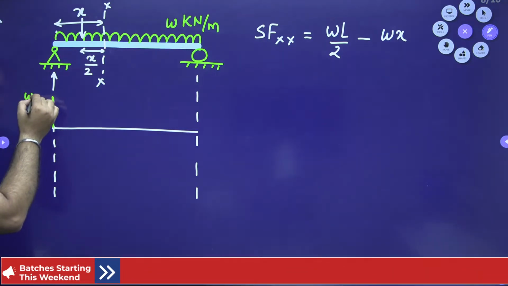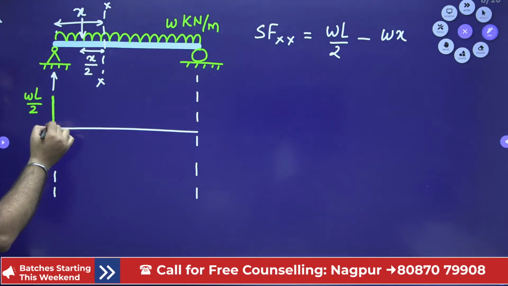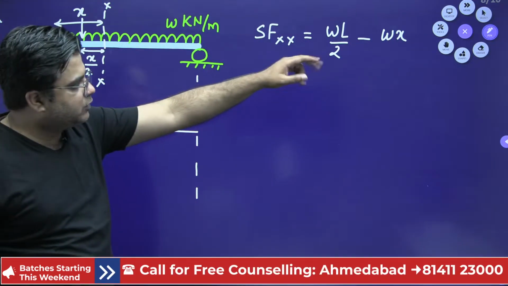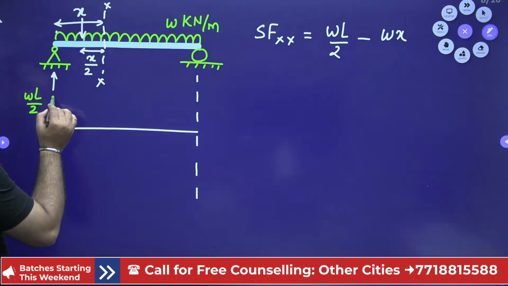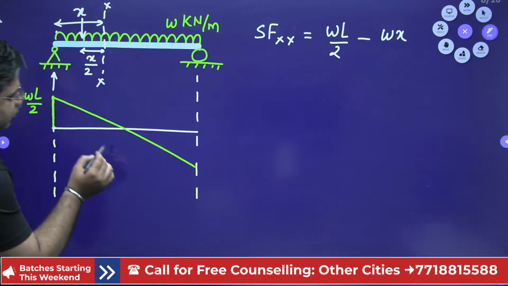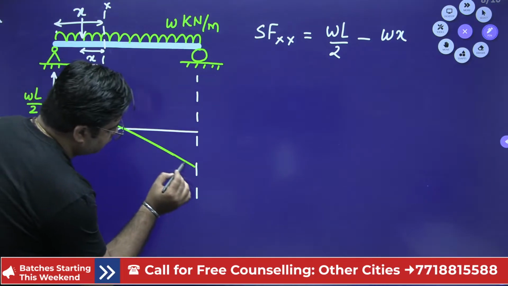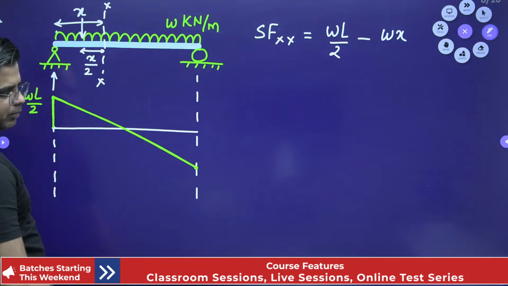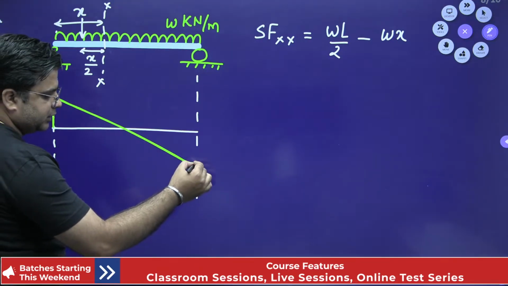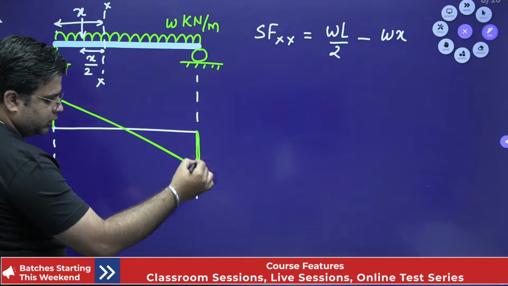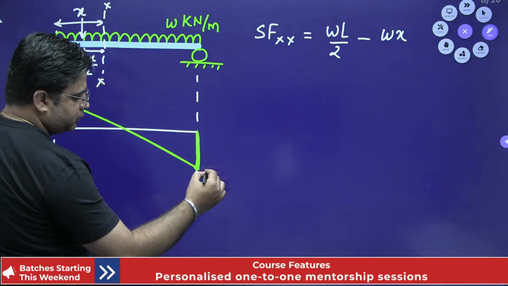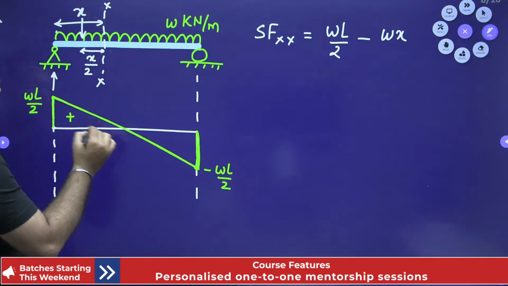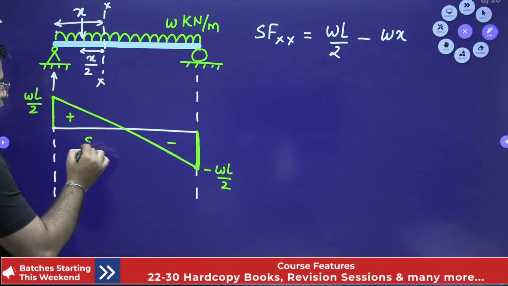Then there is the straight line with the negative slope of minus W. Then at this point, I have to again move up by the amount of WL by 2 due to the support reaction at B. So this is minus WL by 2. This is plus WL by 2 and this is plus and minus, and this is the shear force diagram.